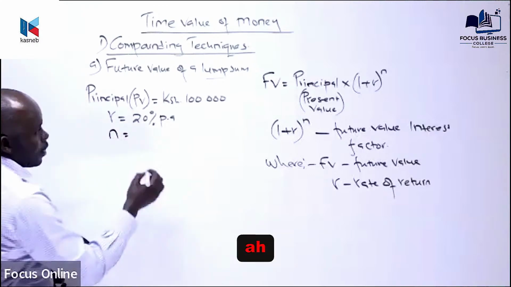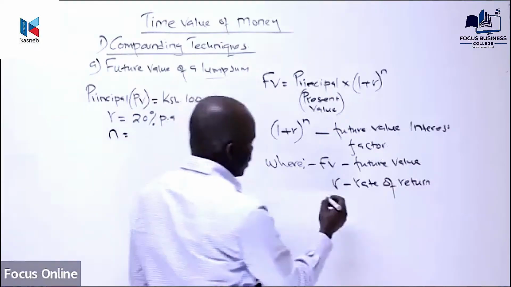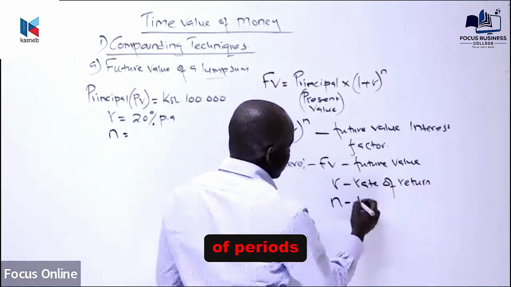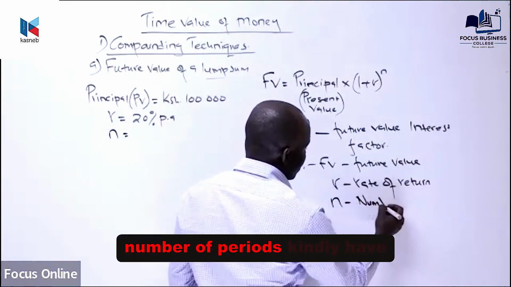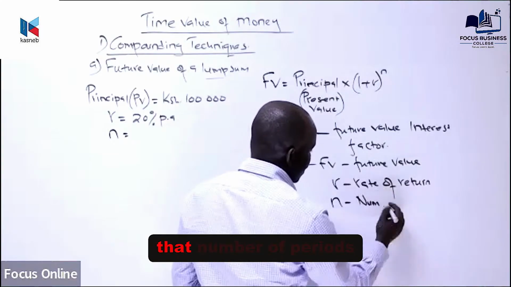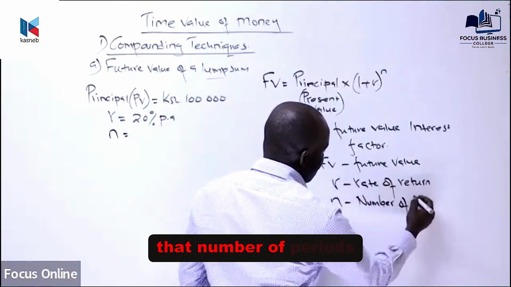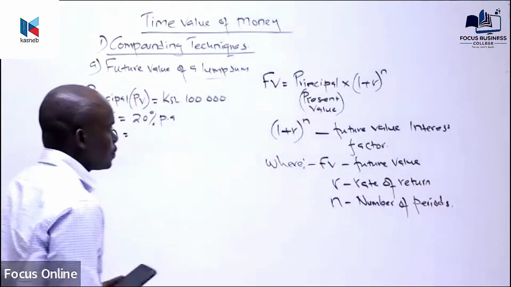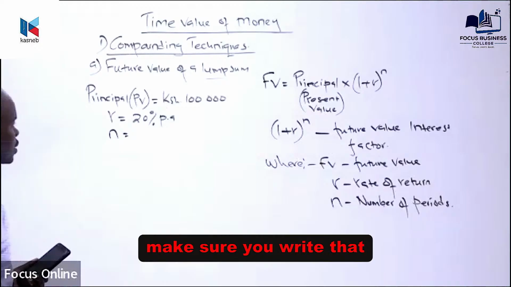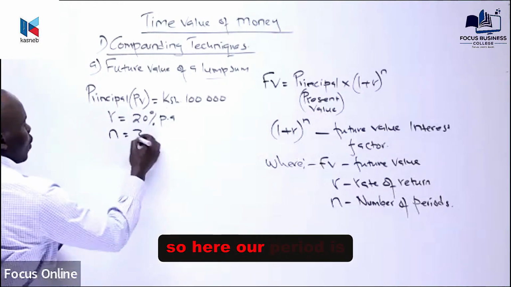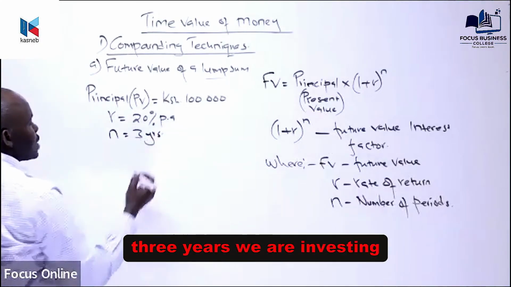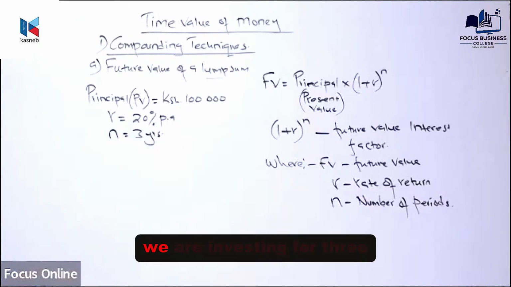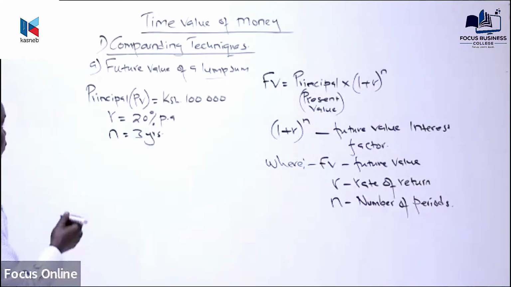N, we should have said N here. N is equal to the number of periods. Kindly have that. Number of periods. Make sure you write that. So here, our period is 3 years. We are investing for 3 years.